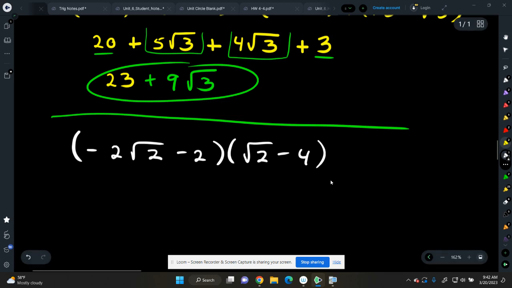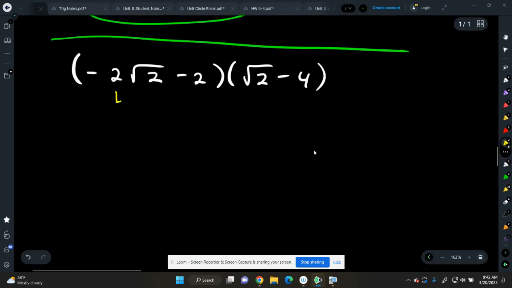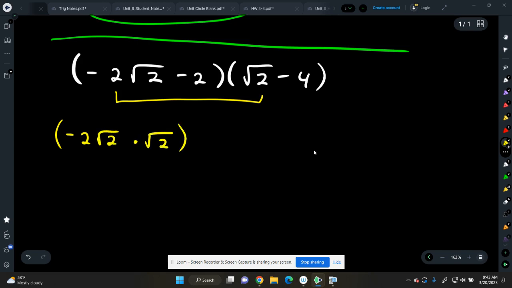So we're going to distribute. And again, I'm going to write it out so you can follow what's going on. So this is negative 2 root 2 times root 2. Plus, and we're going to do negative 2 root 2 times negative 4.